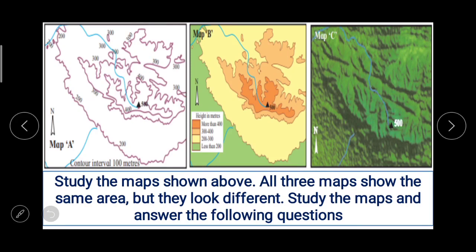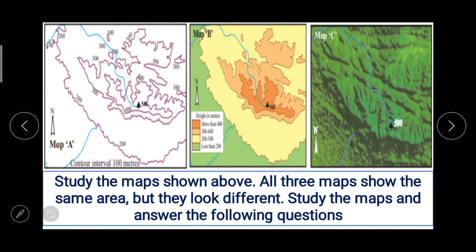Now taking into account the differences in height, shape, etc., various landforms can be shown on a map, and there are different methods of showing these landforms on a map. अलग अलग तरह से वो दिखाए जा सकते हैं.